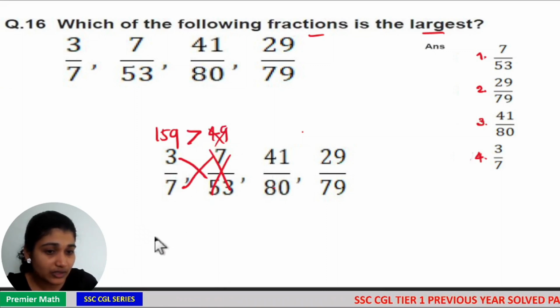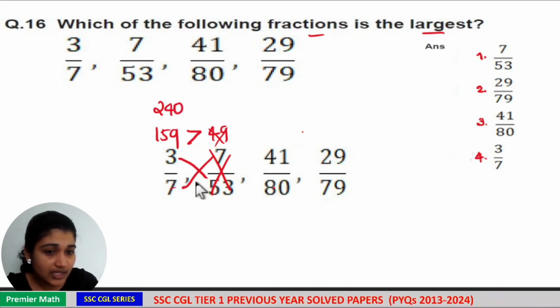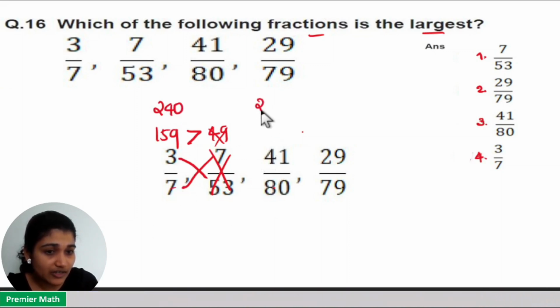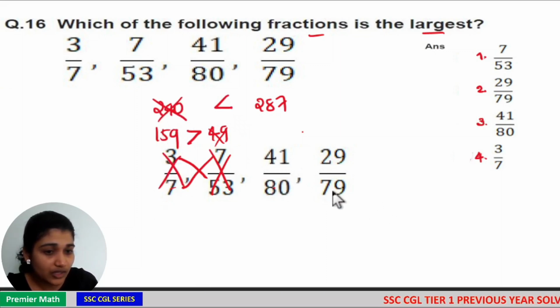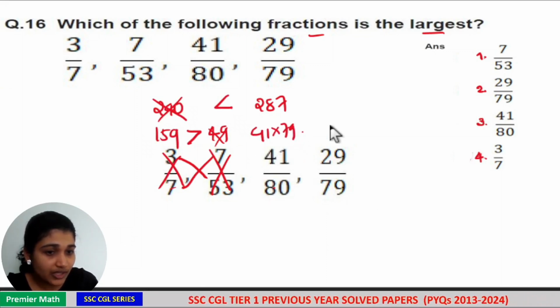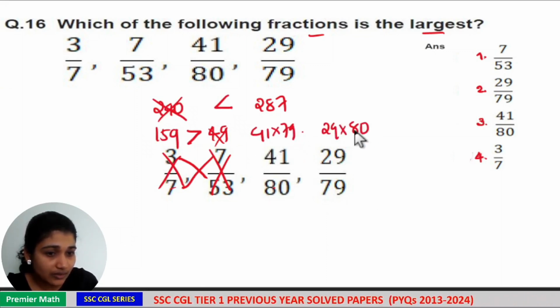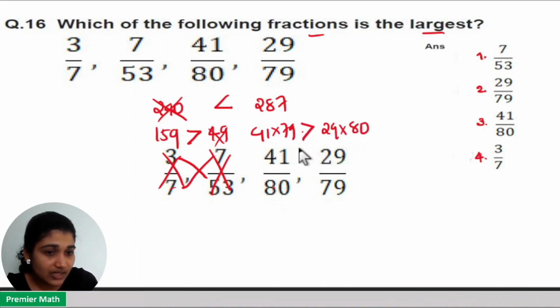Now compare 3 by 7 with 41 by 80. 3 into 80 is equal to 240 and 7 into 41 is 280 plus 7, 287. Here 287 is larger than 240. So 3 by 7 is eliminated. Now compare these two fractions. 41 into 79 and 29 into 80. Here 41 into 79 is clearly greater than 29 into 80.